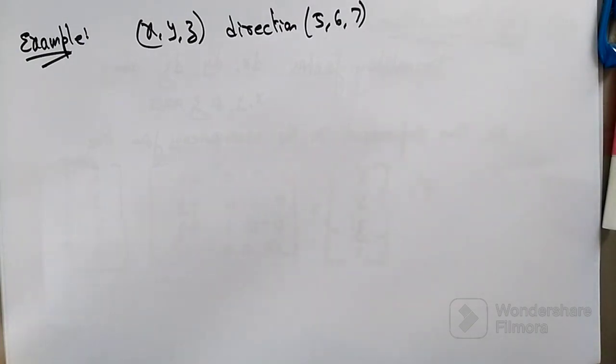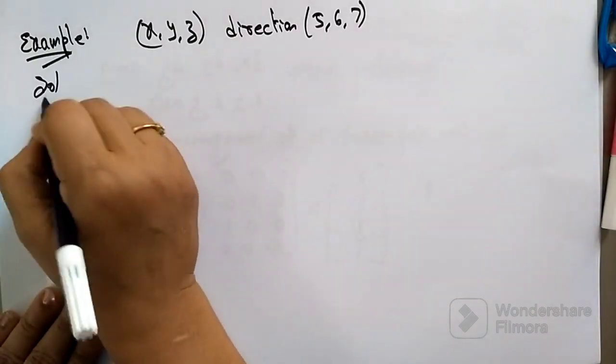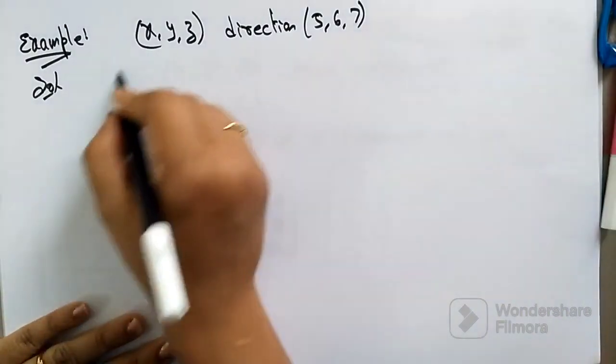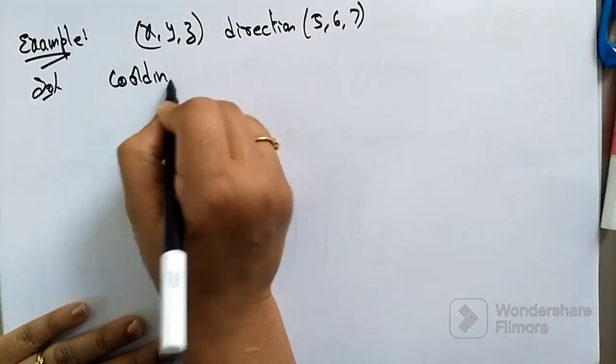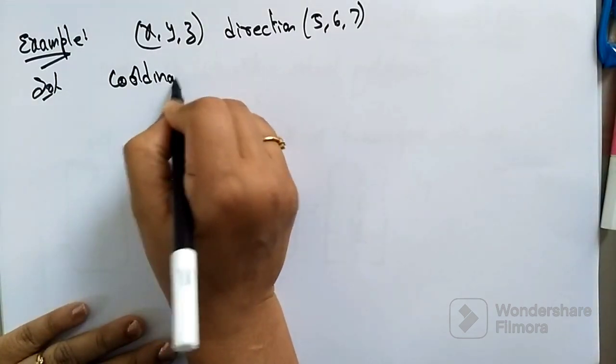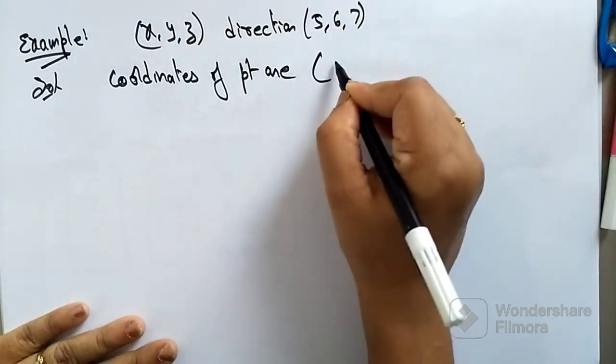Let's see. The coordinates of the point are 5, 6, 7.